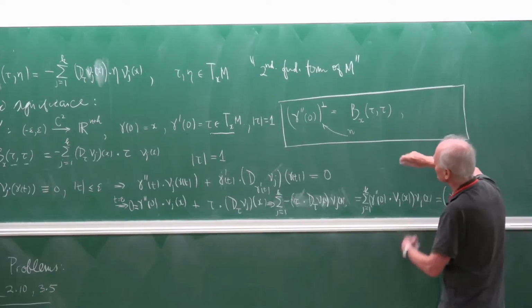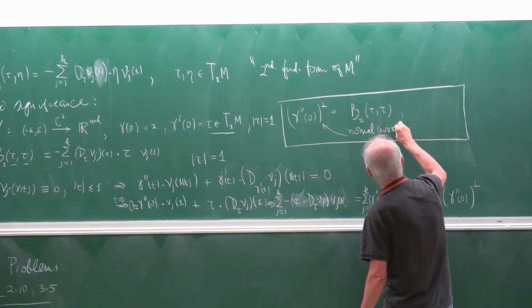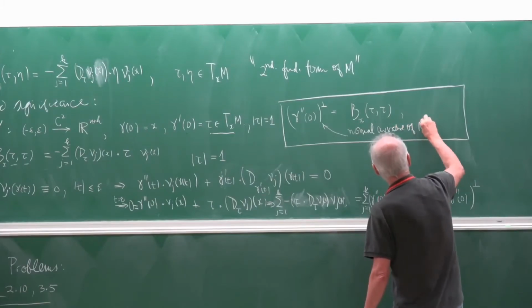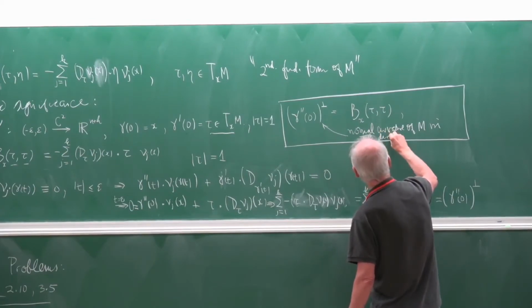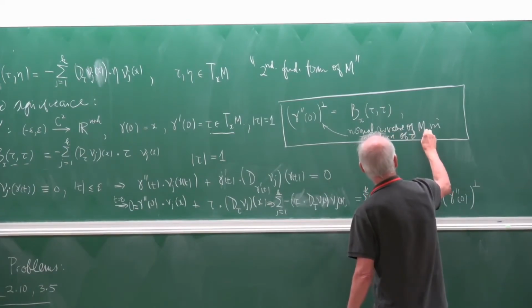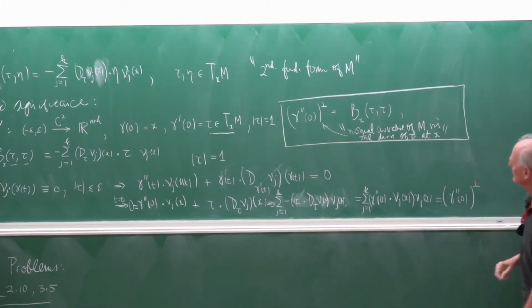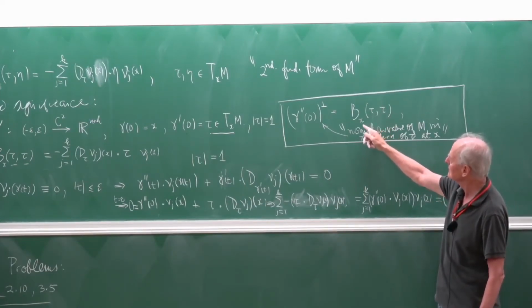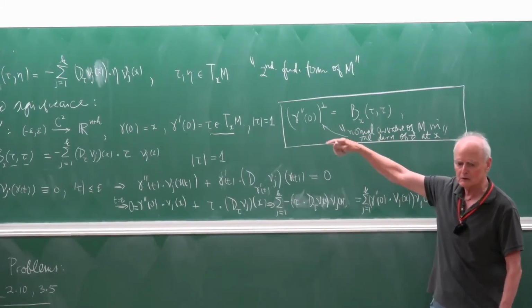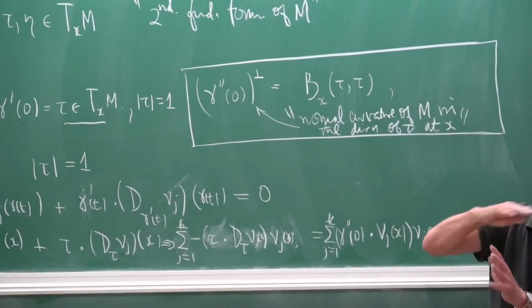And this is called the normal curvature of M in the direction of tau at the point x. It's quite a mouthful. So that's what the second fundamental form does, at least as far as these diagonal terms are concerned. It measures the normal curvature.